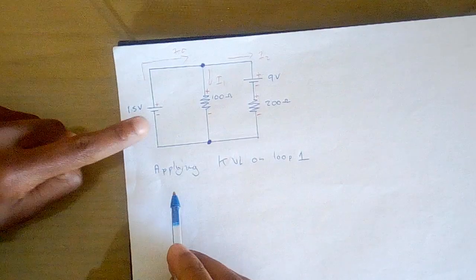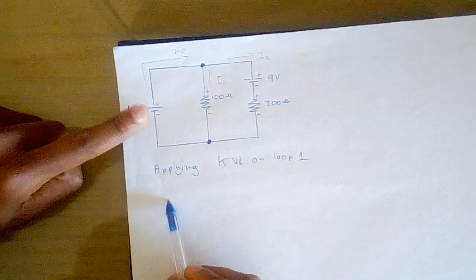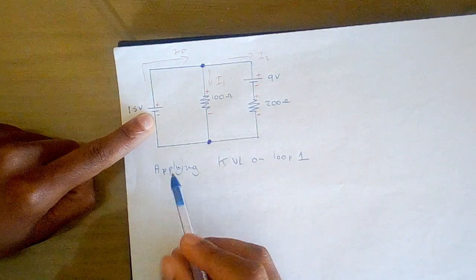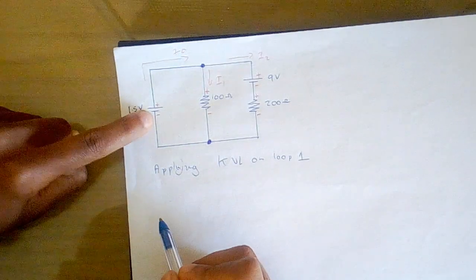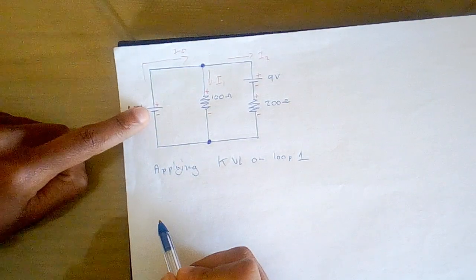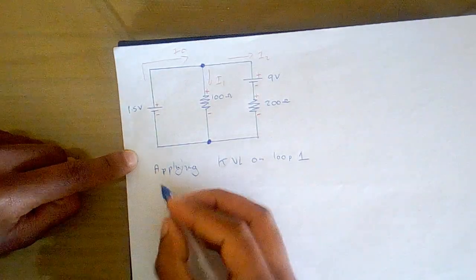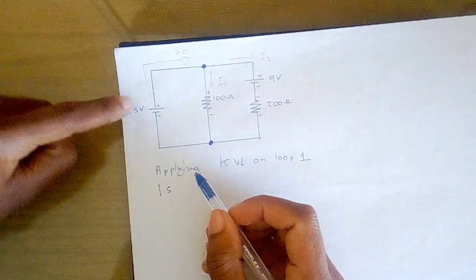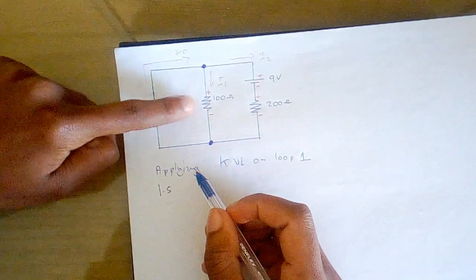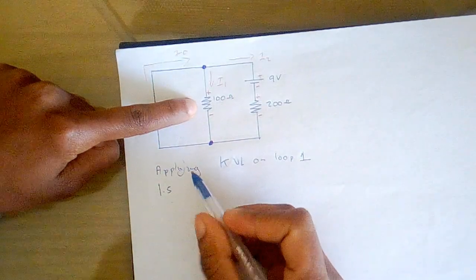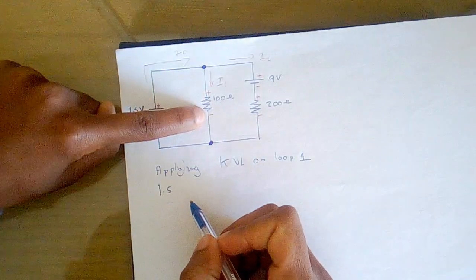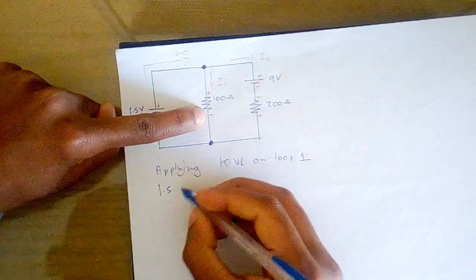So we start from here, so we can see that our voltage source starts from low to high, from negative to positive. So it's going to take a positive sign, so we're just going to write 1.5, and then goes this direction to this resistor. As you can see, this resistor, its voltage starts from positive to negative, so therefore it takes a negative sign.